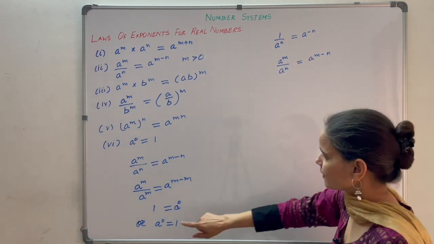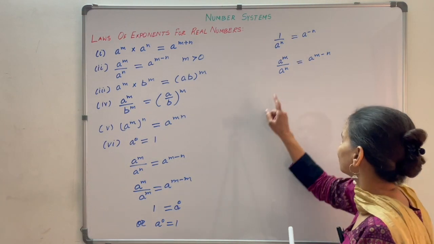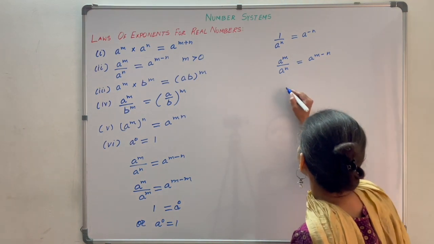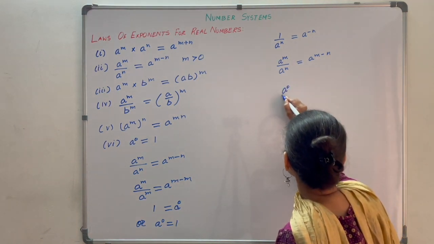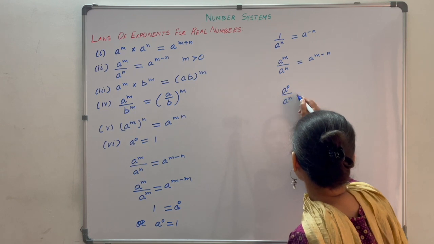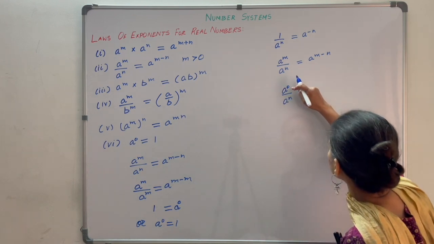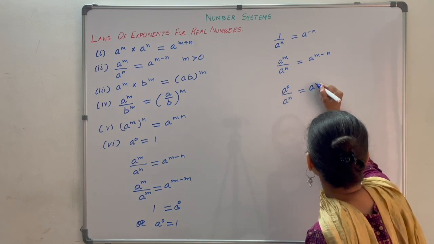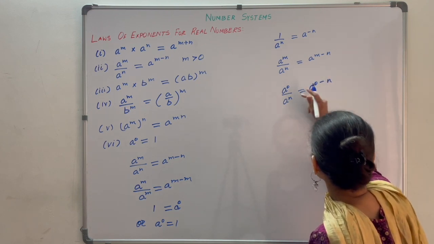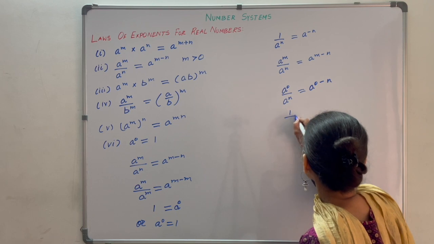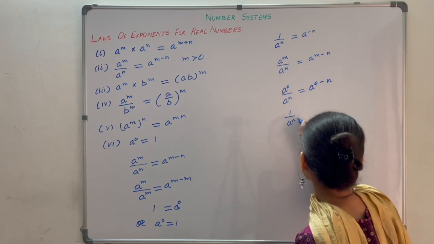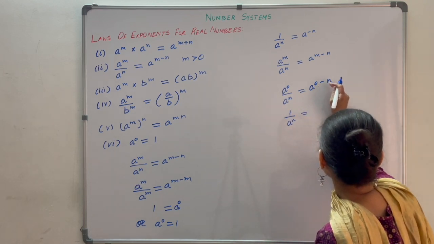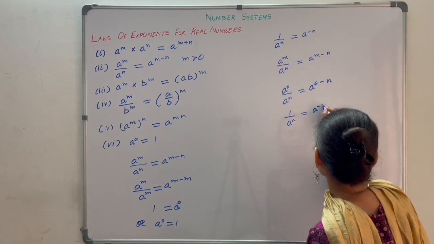So you know that a raised power 0 is 1. Let us put it here. So we have a raised power 0 in the numerator and we have a raised power n. So we have just written 0 instead of m. So we will write down here 0. So a raised power 0 minus n. A raised power 0 is 1 upon a raised power n, and 0 minus n is minus n.